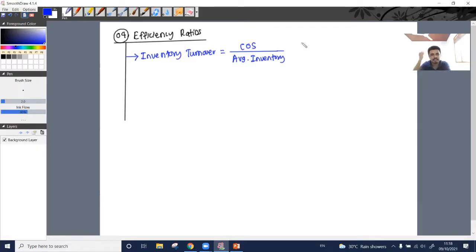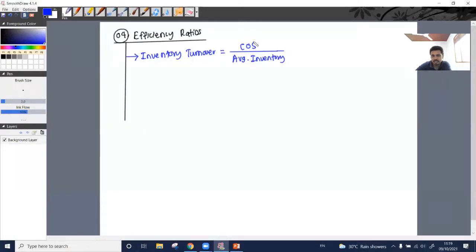Why is that? See, in the numerator, what we have? Cost of sales. Is this the amount at the end of a particular period, or does this represent the amount during a period?